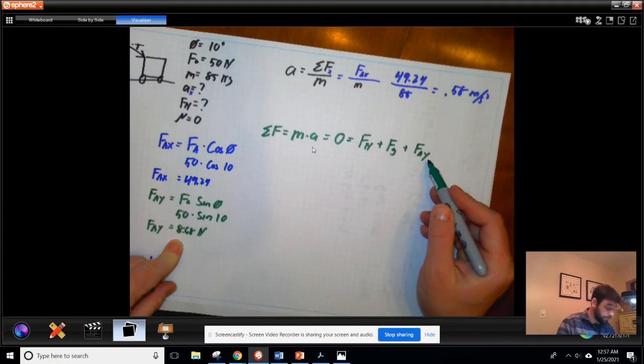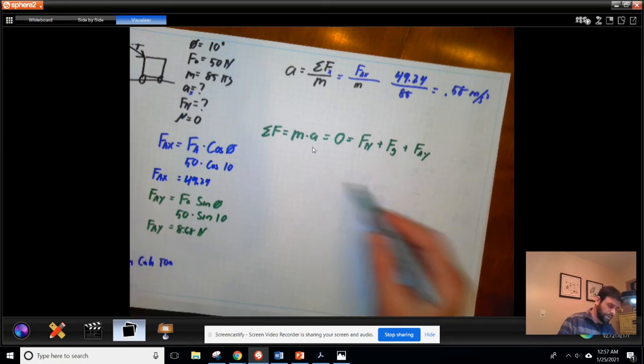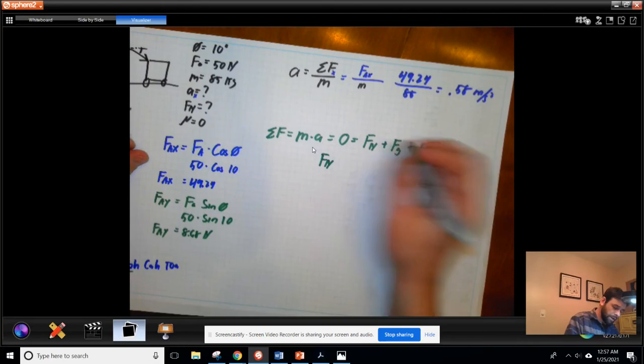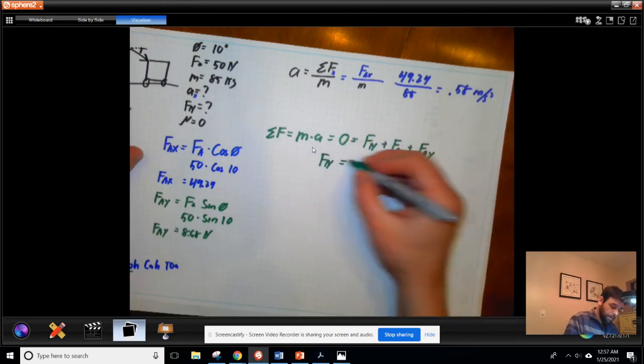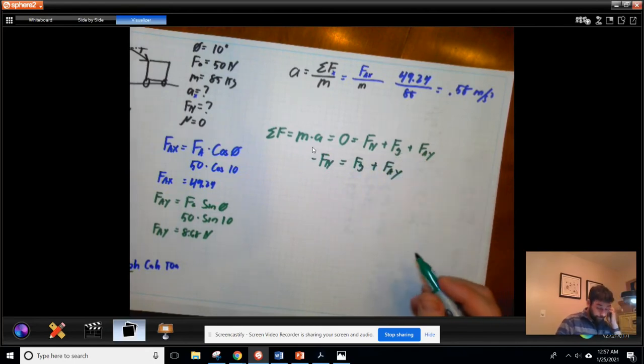We know that. Okay? Force of gravity, did we solve for that yet? No, we didn't. We were asking for the normal force even. So that's going to be equal to the force of gravity plus the force applied in the y direction.